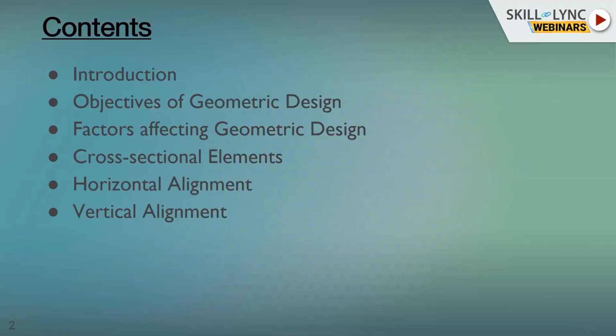Being a highway designer, you always have to keep some particular elements in consideration, no matter what. Those come under the objectives and the factors of geometric design. The factors are, for example, speed and other roadway cross-section elements, and how they have an impact on the decision making of a geometric designer.